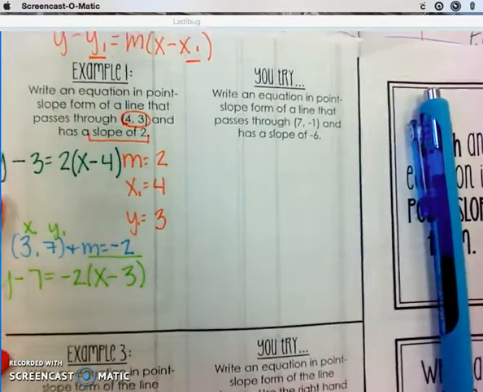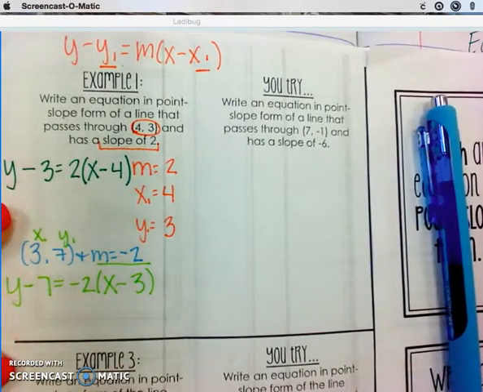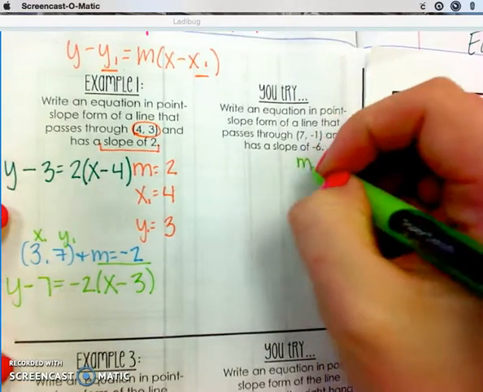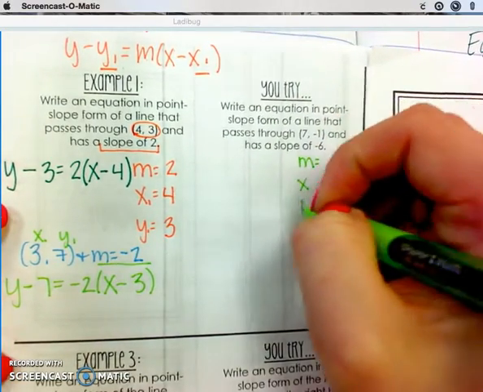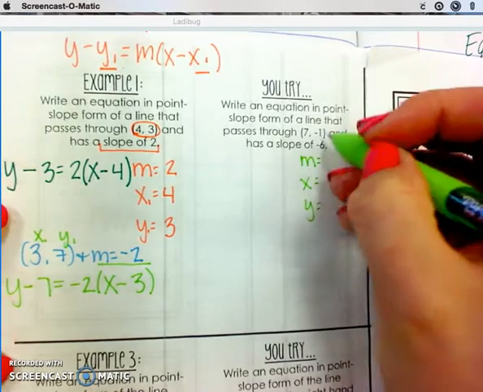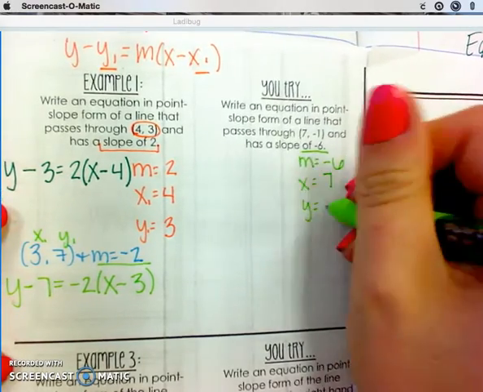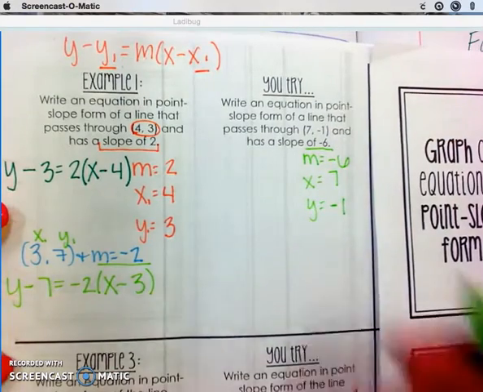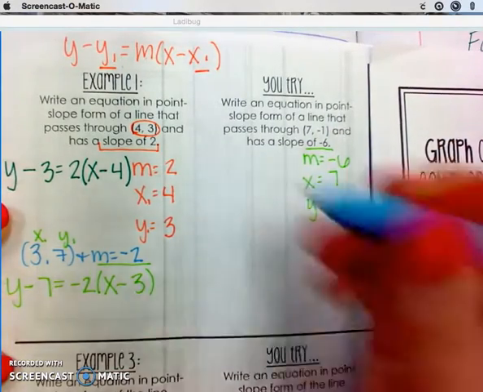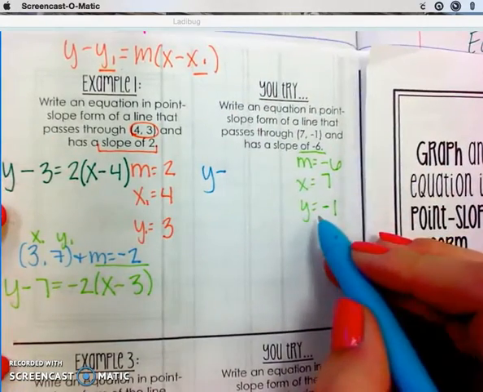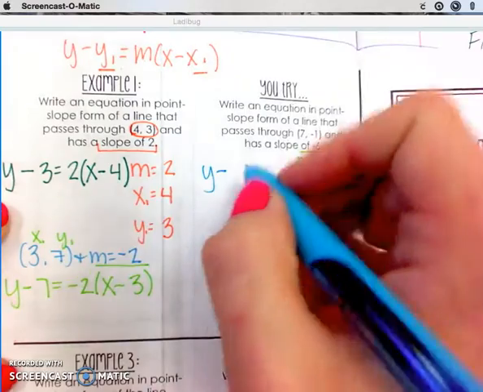Now, we have some negatives in here. This changes things just a little bit. I still need to identify my m, my x, and my y. M is -6, x is 7, y is -1. So y minus, let's see, if it's minus a -1, you will never see that.